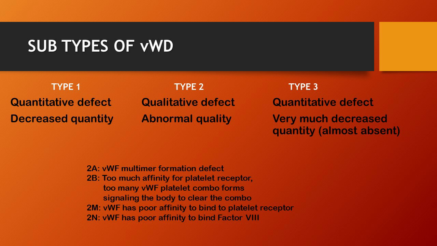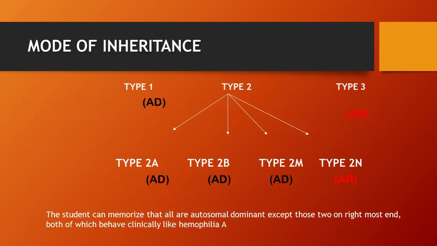So you can give DDAVP, but if it is not getting controlled, then you will have to give von Willebrand factor containing products like cryoprecipitate, fresh frozen plasma, etc. Von Willebrand factor is also available for administration. So hope the subtypes are clear to my students. Now we can go and read your textbook.